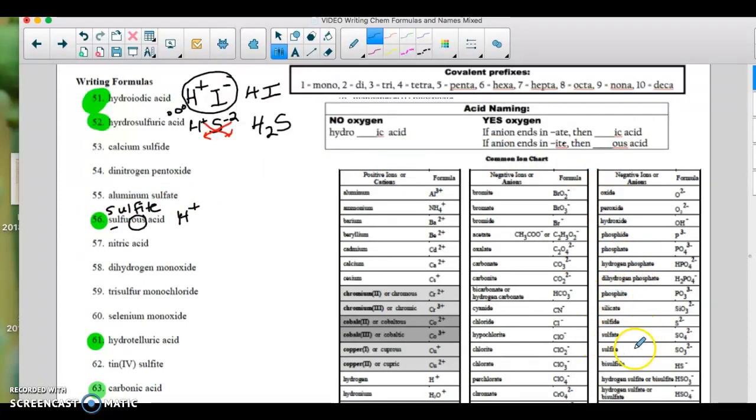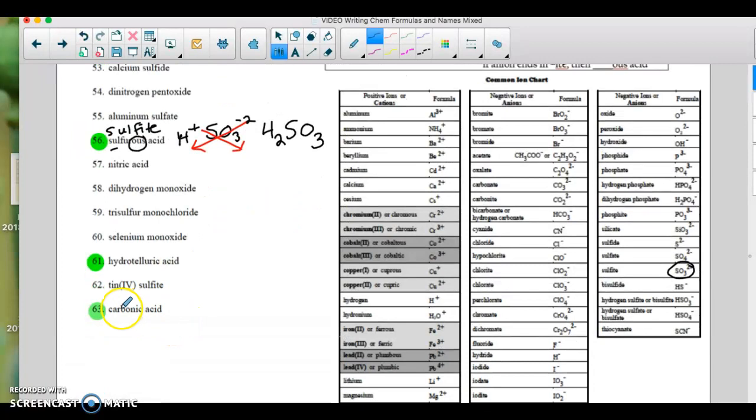So sulfite, there it is. So SO3 with a -2. Now I want to balance charge, make sure everything adds up to 0. I can use crisscross, or I can just think it through. So I'm going to need 2 hydrogens for every 1 SO3.